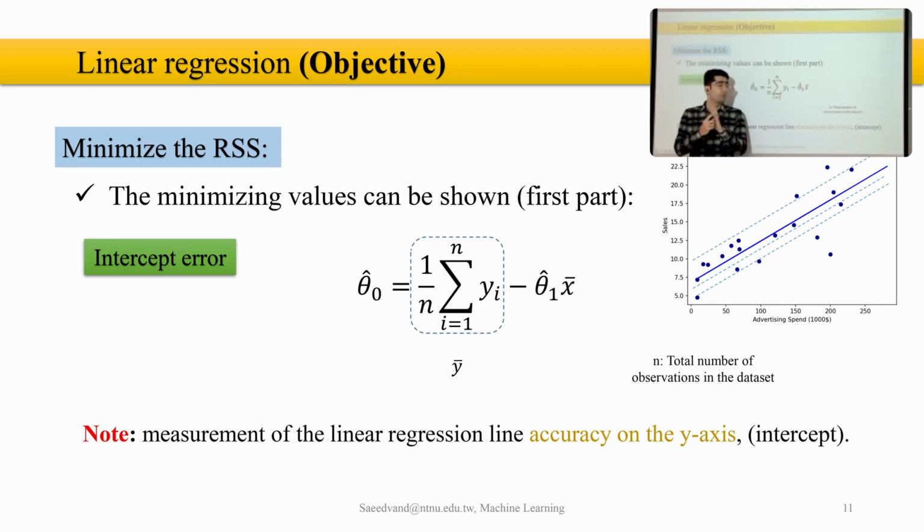I want to find some theta 1 hat and theta 0 in the linear equation that finally leads me to minimize theta hat 0. How can I write that? I can write that the average of the sum of the yi as output, subtracted by theta hat 1 times the mean of the x's that I have.